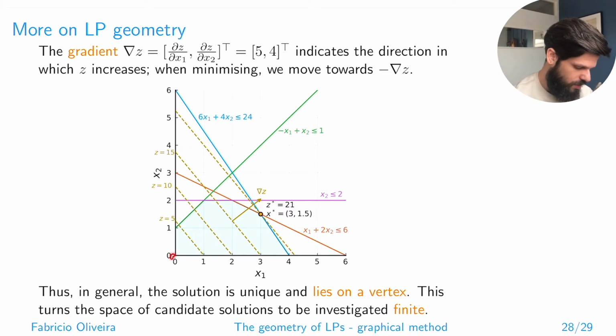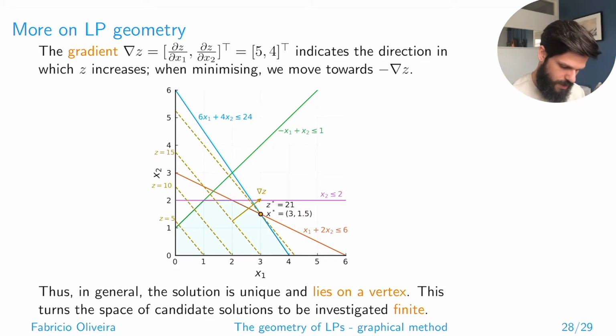In this case, I have 1, 2, 3, 4, 5, and 6 to explore, and then it is just a matter of picking which one is the best. So the fact that we have a finite number of candidates and the set is discrete, we can use that. We'll exploit this fact in the development of an efficient solution method.